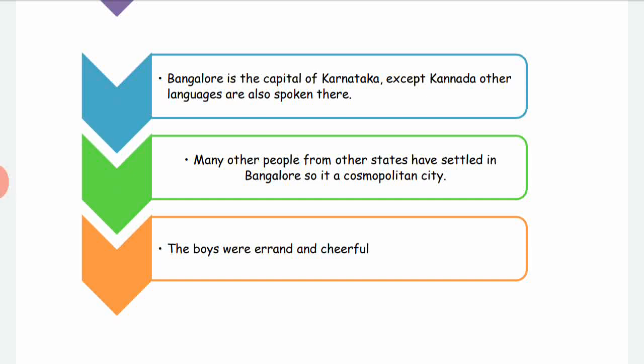The author tells us that the capital of Karnataka is Bangalore. By this line, the author wants us to understand that the story is set in Karnataka. So Bangalore is the capital of Karnataka, and except Kannada, other languages are also spoken there.